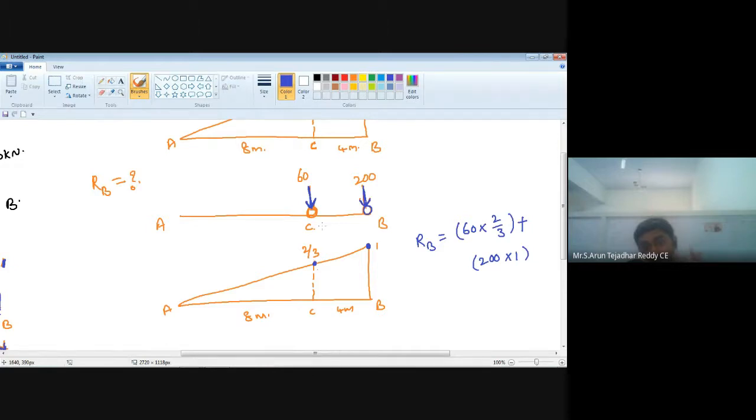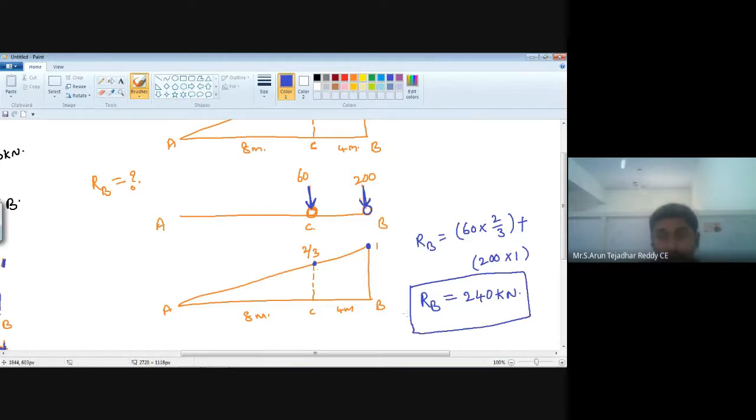If it is UDL, then load into shaded area region. Now what is the value of RB? Once you calculate the value, it is 240 kilonewton.